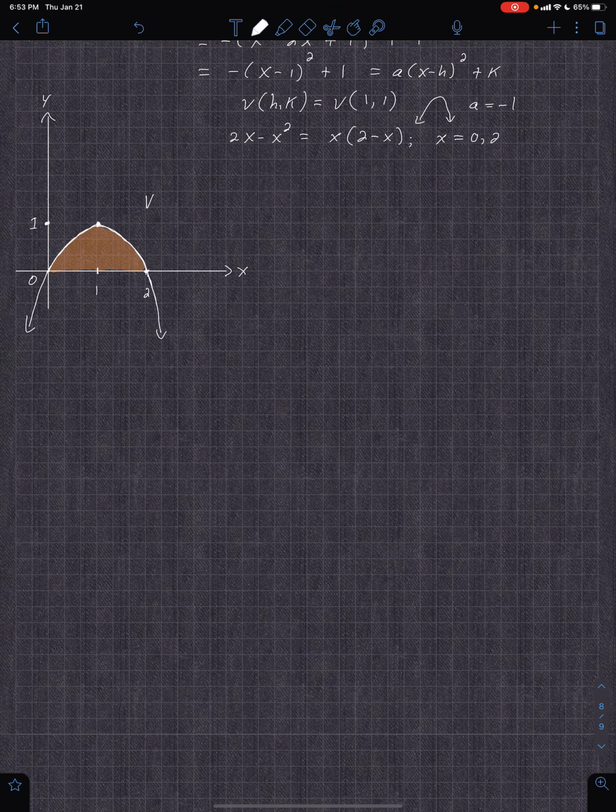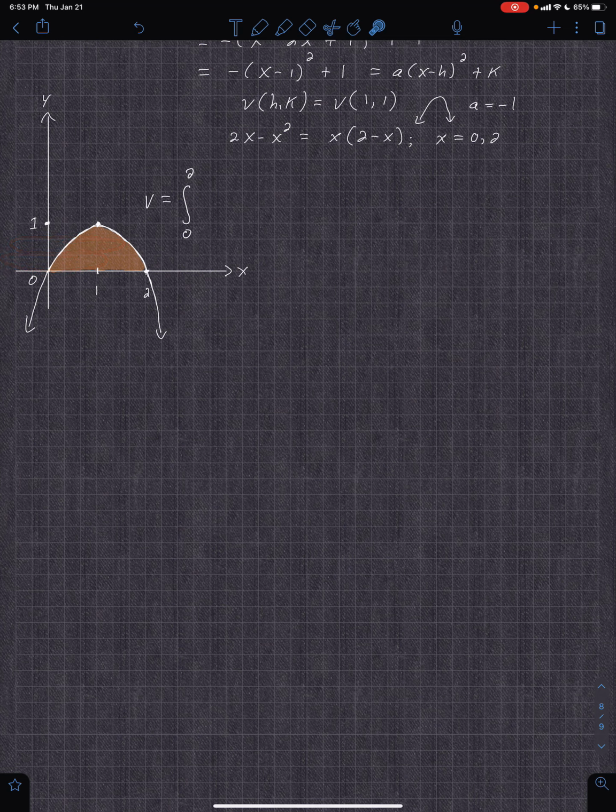So the volume is going to be the integral from 0 to 2. Do you see how using the shell method is really the preferable way to do it? Otherwise, we'd have to use washers, and those washers would be this way, and then you have an outside.